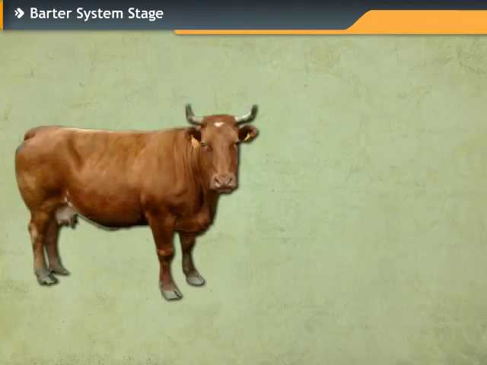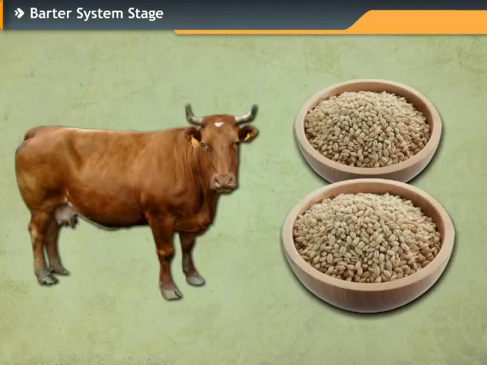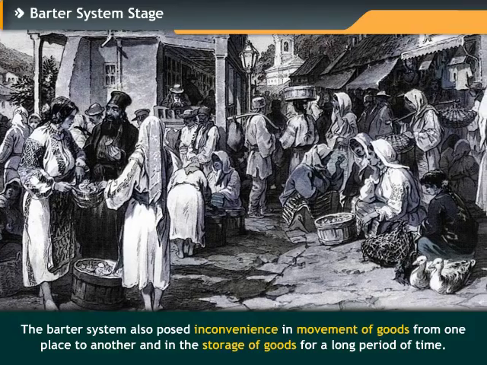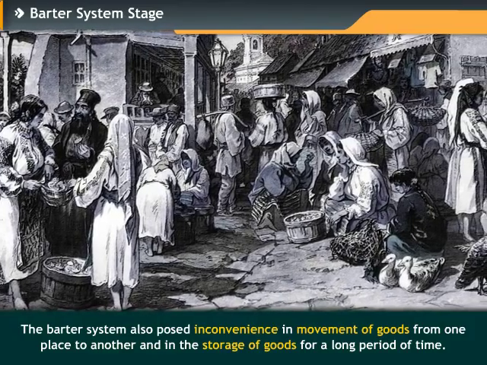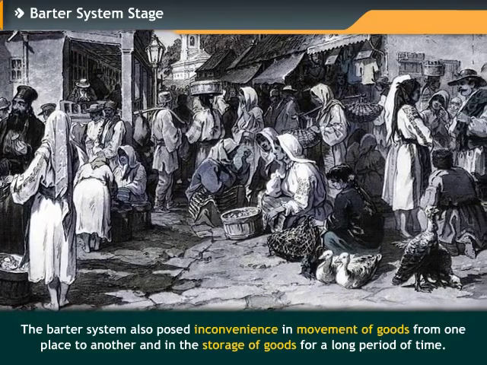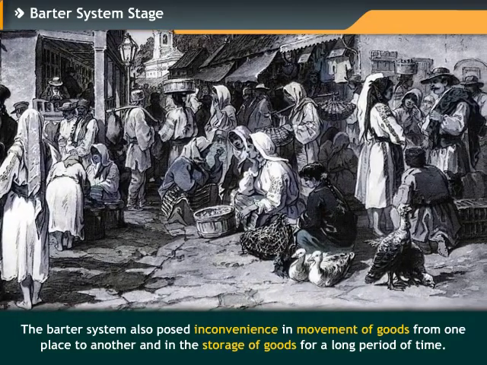For example, a cow cannot be divided for 2 measures of wheat. The barter system also posed inconvenience in movement of goods from one place to another and in the storage of goods for a long period of time.